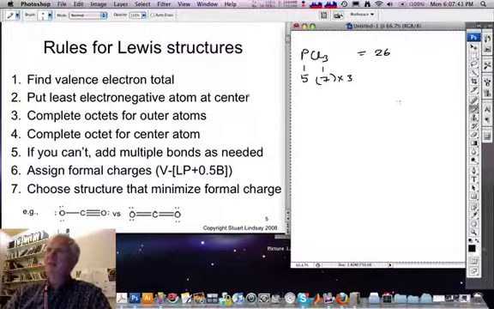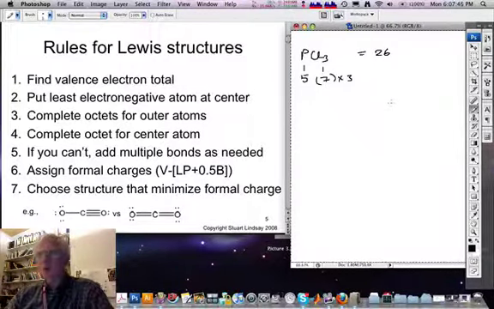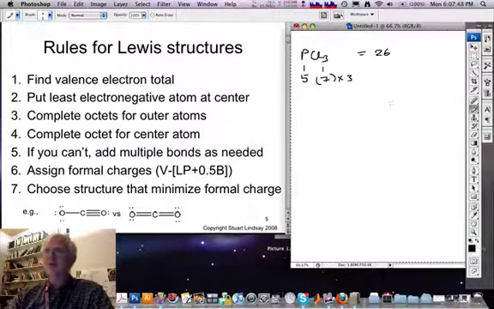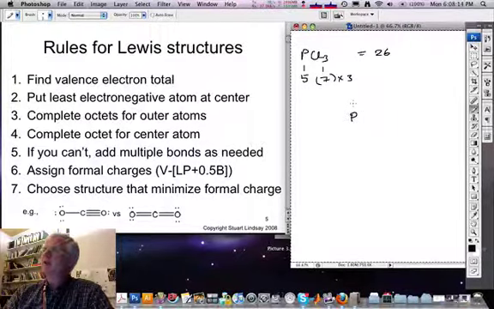The next step is to put the least electronegative atom at the center. Now remember, atoms get more electronegative as you go to the right of the periodic table. Rule 2 says put the phosphorus here and then distribute the chlorines around it thus.